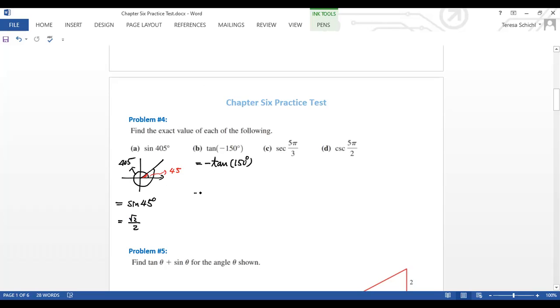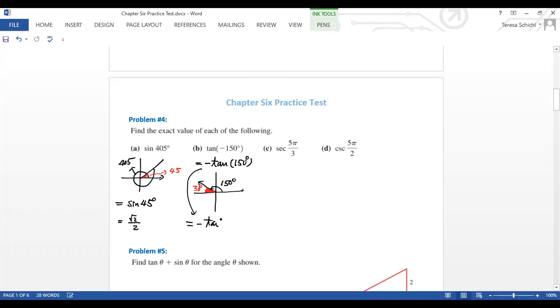So tangent 150, that means 150 degrees. So what is the reference angle? The reference angle is here, right? So this is 150, so the reference angle is 30 degrees. And the tangent of 150 is in the negative quadrant, so tangent 150 is equal to negative tangent 30, right?